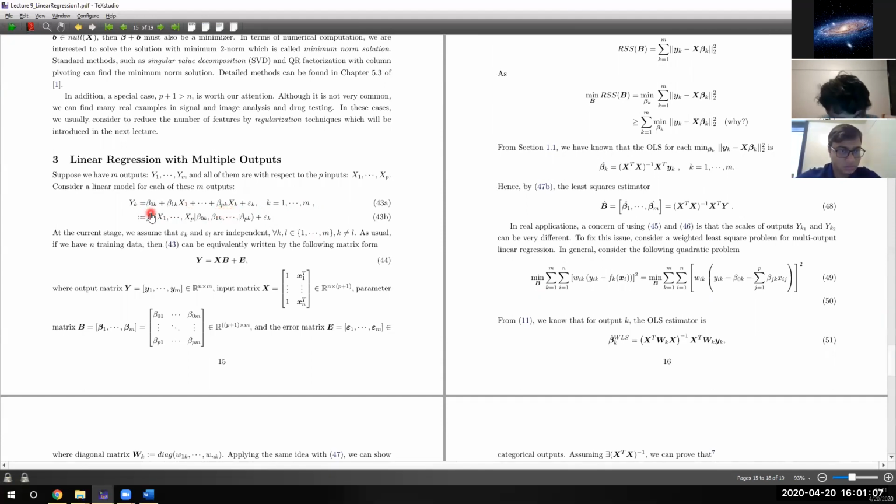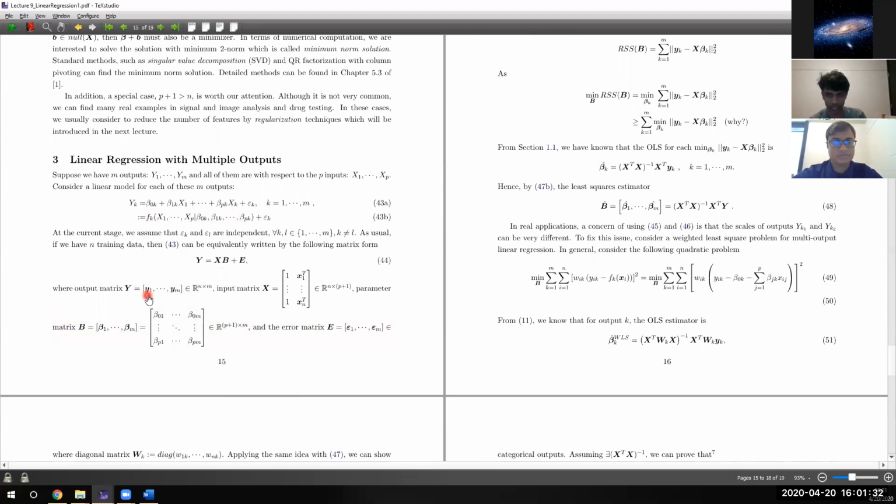So I write the beta as a matrix, which is p plus 1 by m. Here's a typo again. So this is my betas, and my y's are in this way.